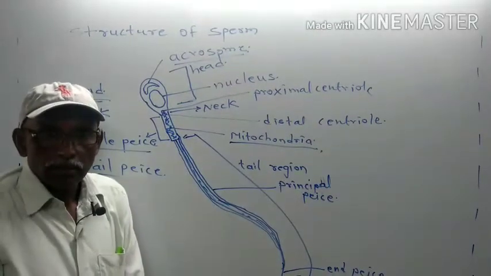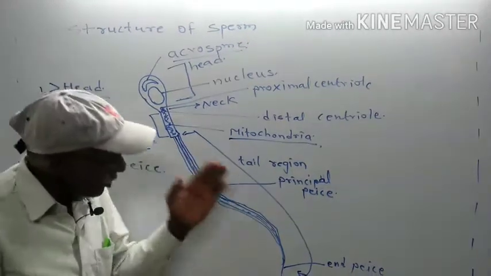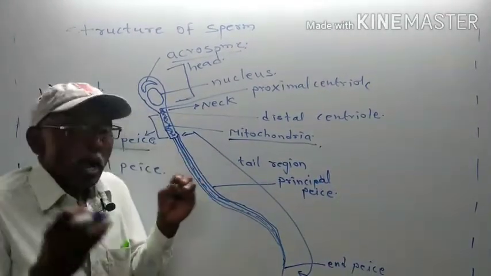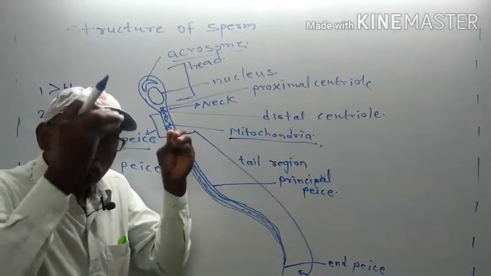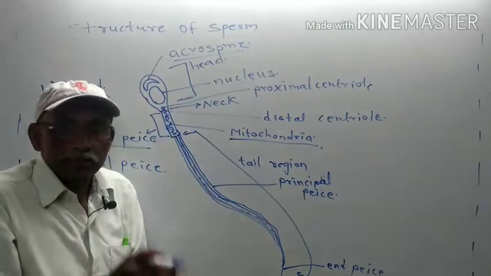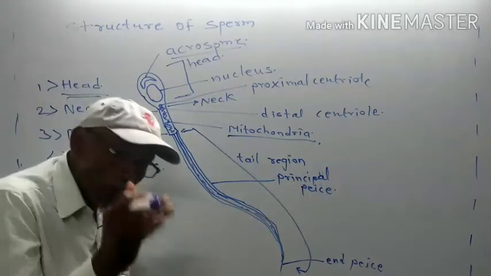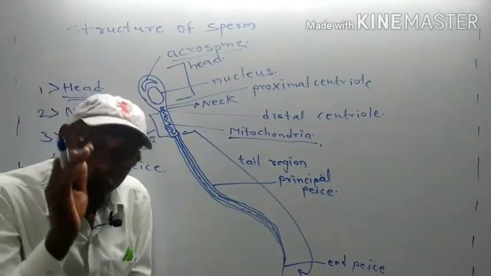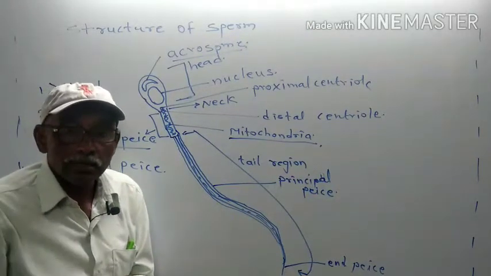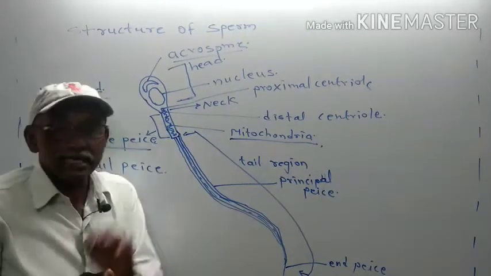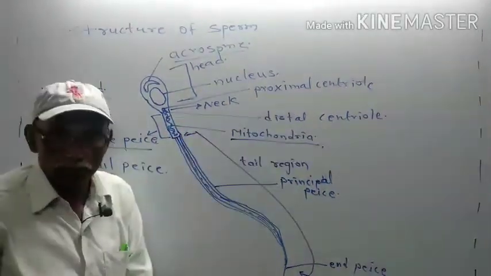We know that mitochondria are called the powerhouse, because when the male ejaculates the sperm or semen into the vagina, the sperm has to travel to the follicle. So it needs energy, and for energy production mitochondria play an important role.